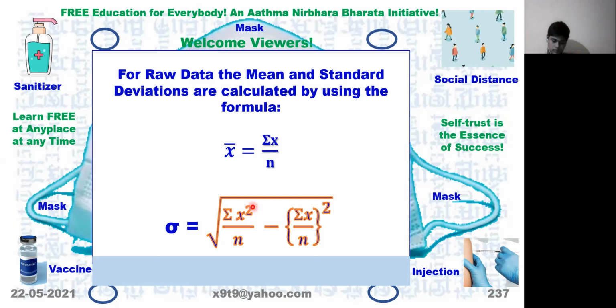So we get the first term, 6,100. That is the first term.